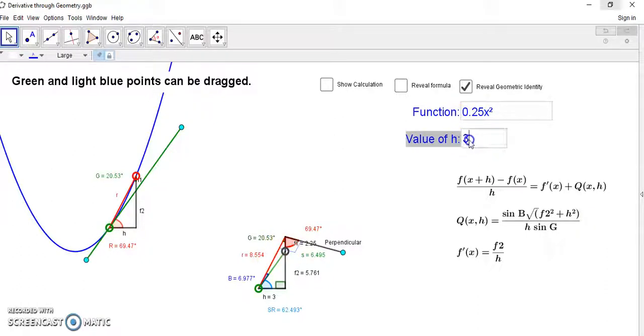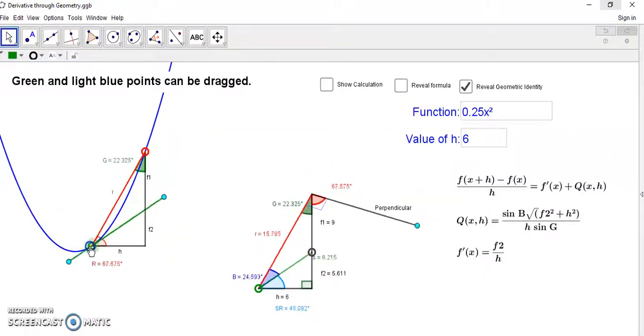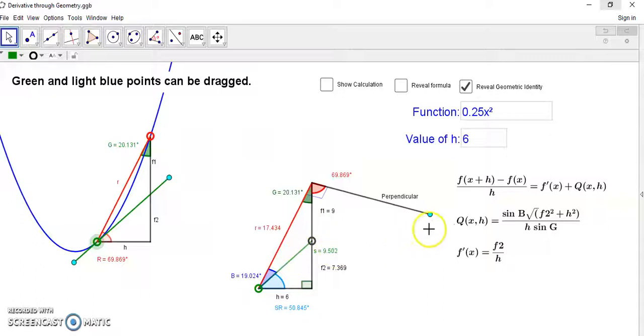So let's just make it big again so we can see what's going on. I've made it nice and big now, and you'll see that this identity, this first line, the ratio, the slope of the non-parallel secant line, is equal to the derivative plus this expression in Q of h, which in fact turns out to be this value that you see on the right here.